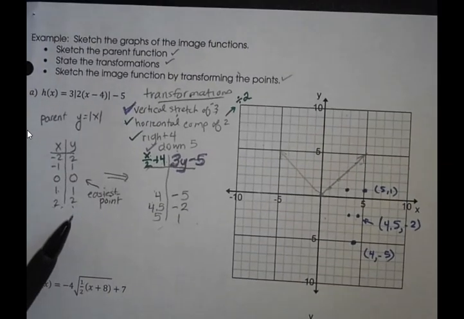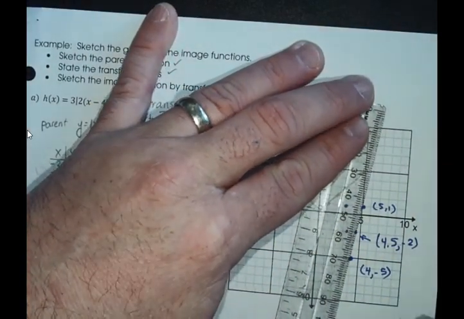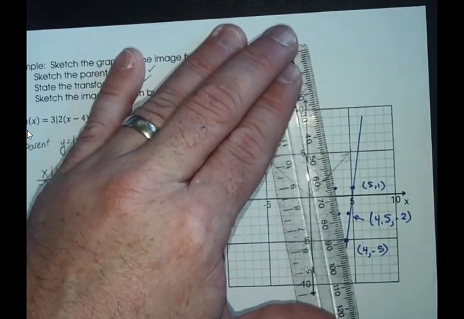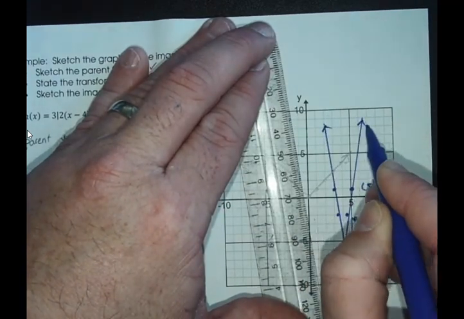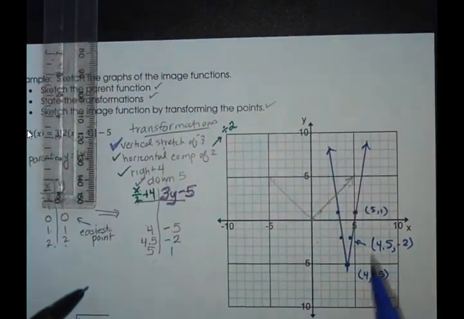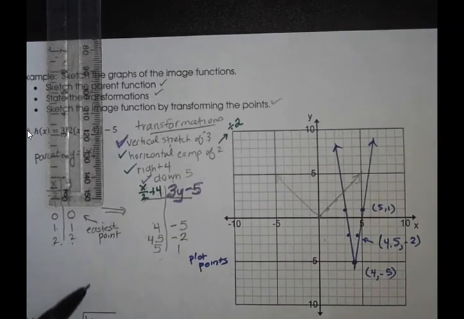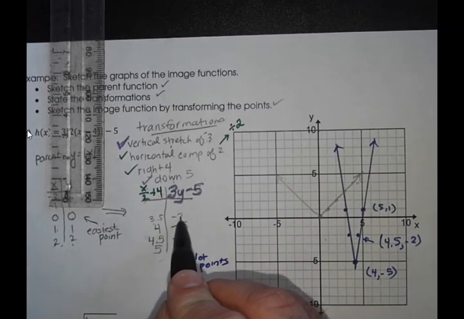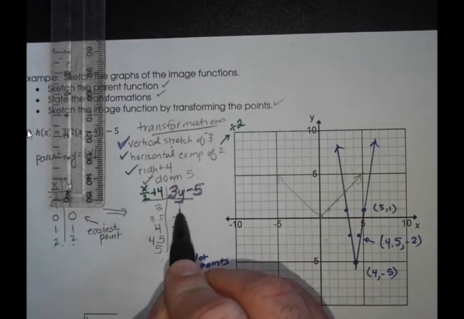After that, we can just sketch the line, because we know that this pattern is going to go up, like so. So if I was going back here, this would be 3.5 and negative 2. This would be 3 and 1.